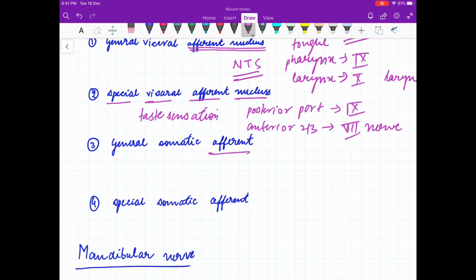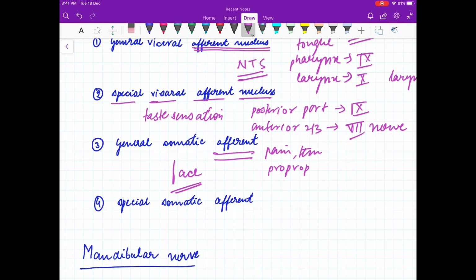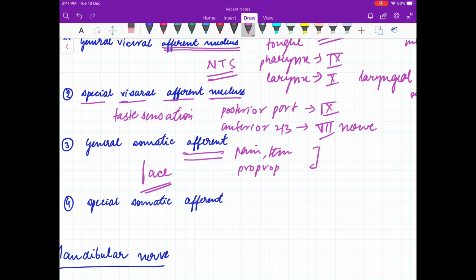And in general somatic afferent, you get pain and temperature sensations and proprioception from the face, and you know the face sensations are carried by the fifth nerve.